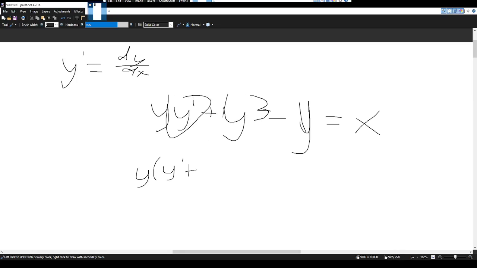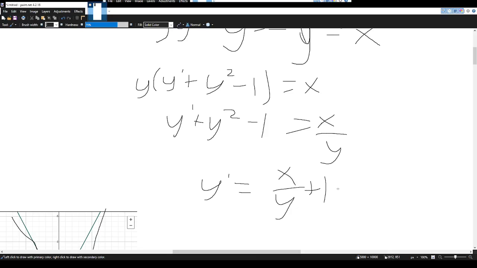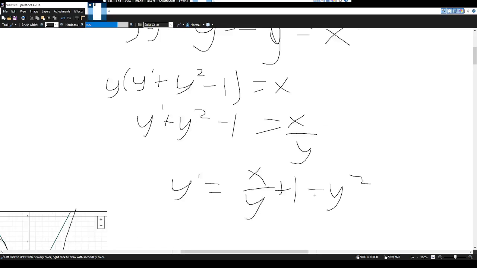This is y prime. This is an actual y with an exponent. I know they kind of look similar. So y prime plus y squared minus 1 equals x over y. And then let's just get y prime by itself. y prime equals x over y plus 1 minus y squared.